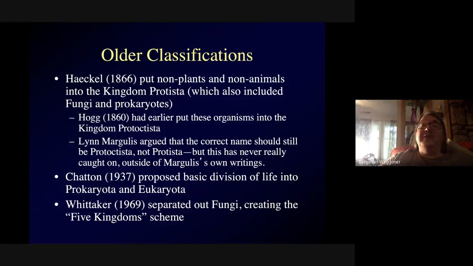Okay, so Haeckel creates Protista for everything that's neither a fungus nor a plant. A guy named Chatton then takes out the prokaryotes and divides life into prokaryota versus eukaryota. Finally, in 1969, a guy named Whittaker takes the fungi out, and that creates a scheme that was taught a lot, at least when I was in grad school, that you may have been exposed to, called the Five Kingdoms.